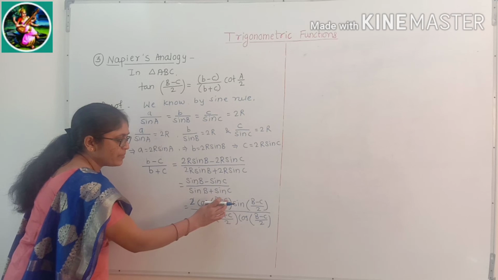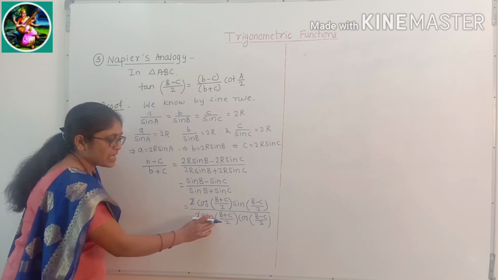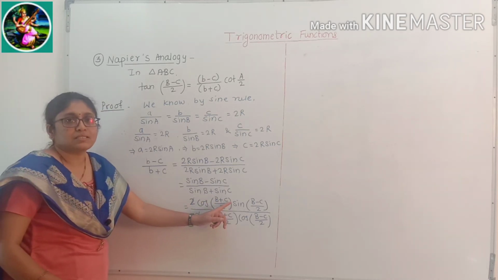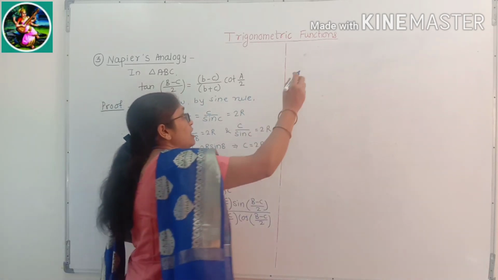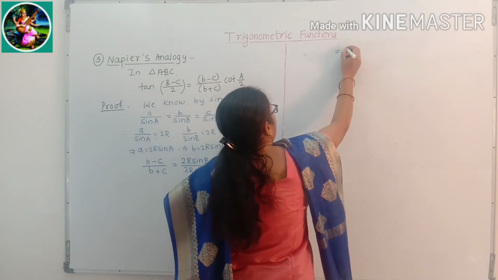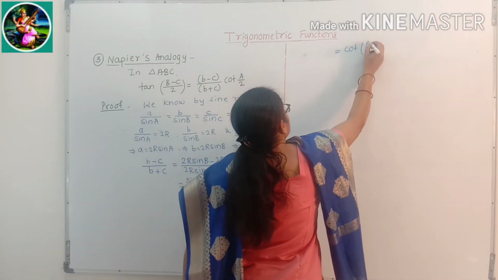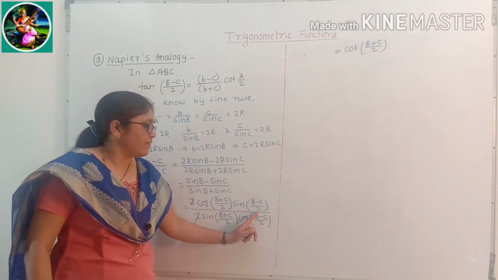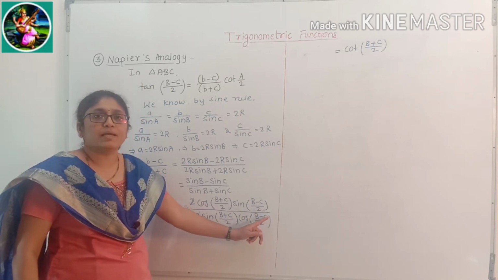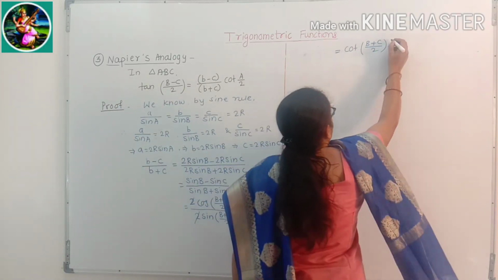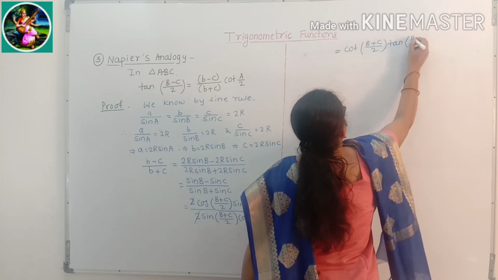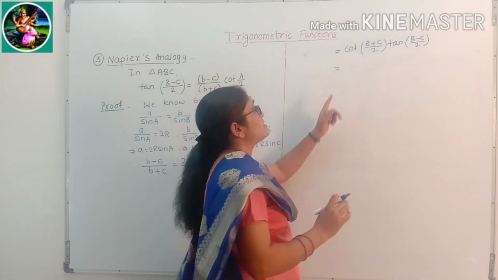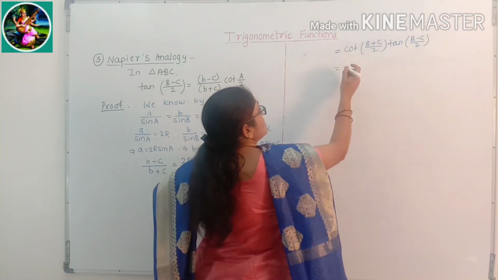Here cos of (B plus C) divided by 2 divided by sin of (B plus C) divided by 2 is cot of (B plus C) divided by 2. Therefore, it is equal to cot of (B plus C) divided by 2, and sin of (B minus C) divided by 2 divided by cos of (B minus C) divided by 2 is tan of (B minus C) divided by 2.